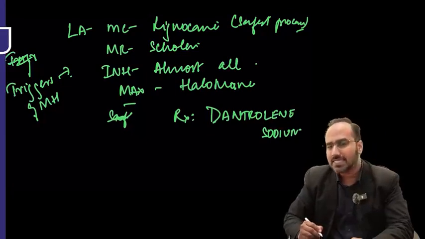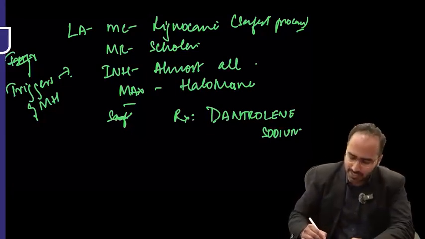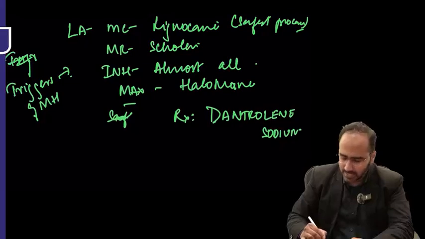So we have discussed the non-depolarizing and depolarizing muscle relaxants. Now, guys, coming to inhalational agents. We have discussed the IV induction agents and the muscle relaxants. In the stages of anesthesia, we have discussed pre-oxygenation, induction, maintenance.